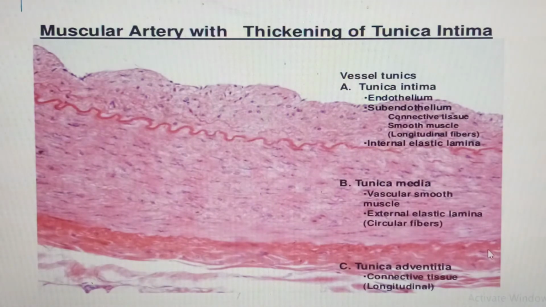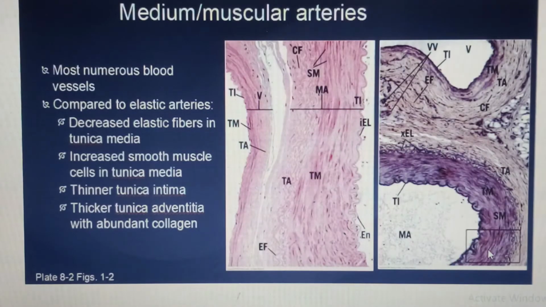Right, so this is the muscular artery that we have. Now for the muscular artery, I told you that we have the large one and the medium-sized one. Usually the medium-sized ones tend to move with their corresponding veins. Now remember that veins will have relatively larger lumina. We will see the differences pretty soon.